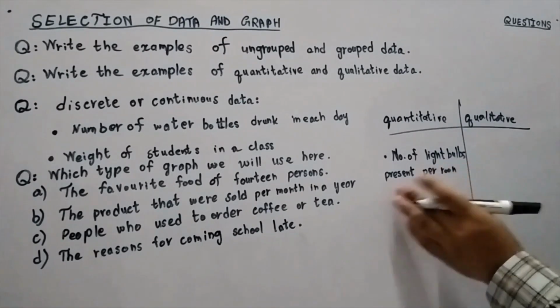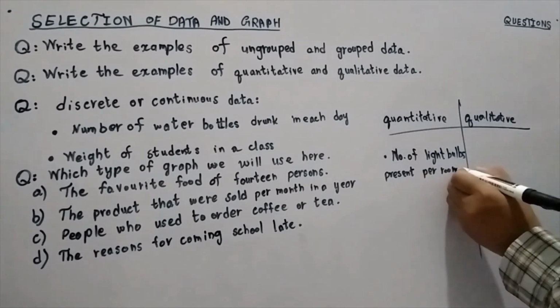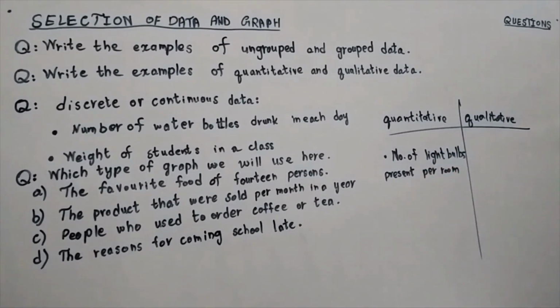If we take a survey of how many light bulbs are present in each room, we will get a number, so it will be quantitative data.